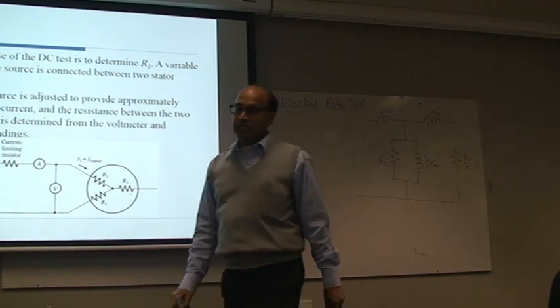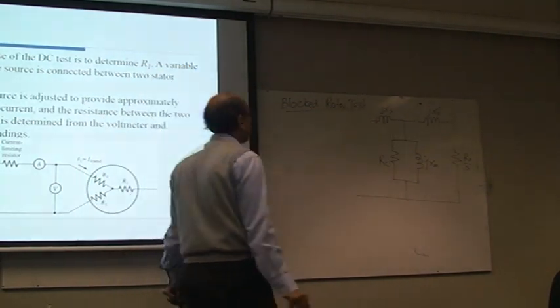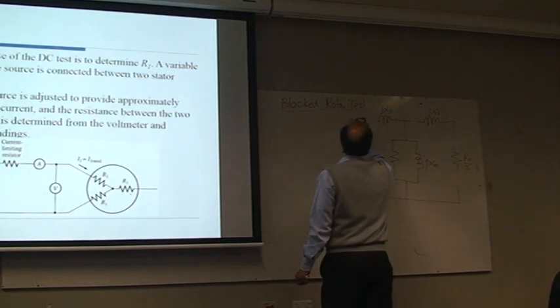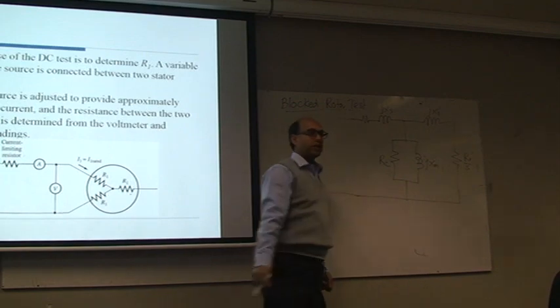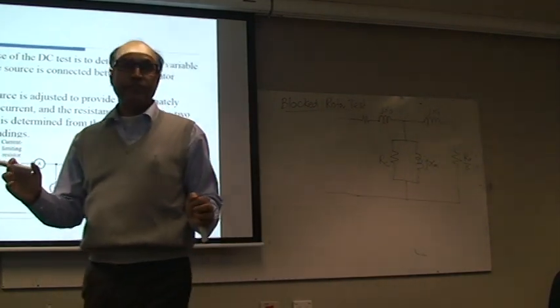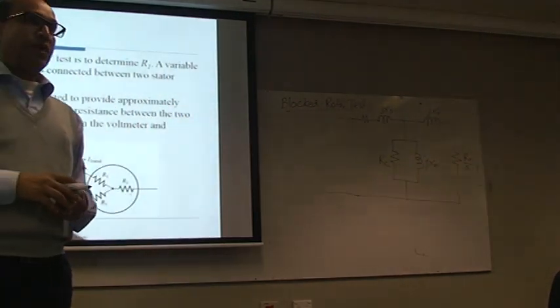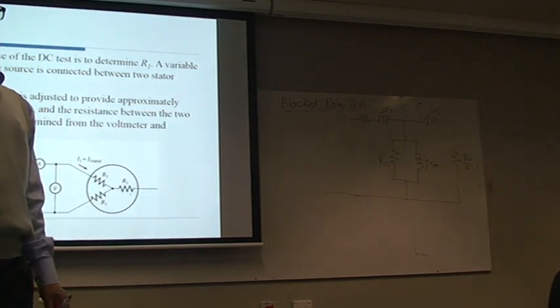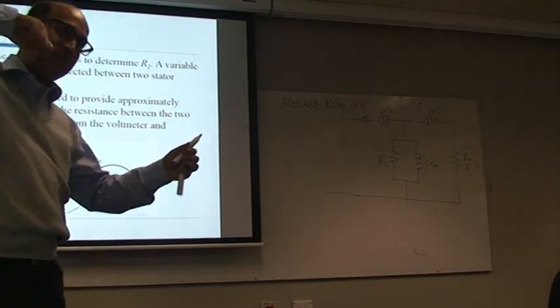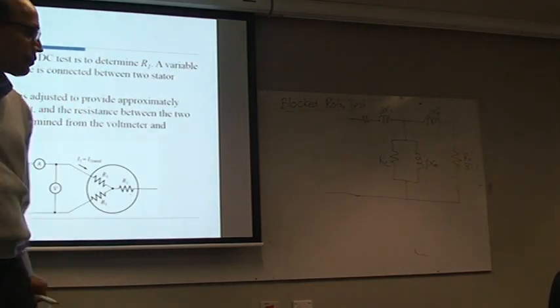As the name suggests, what do you think the block rotor test is? Yes, you hold the motor so the motor doesn't rotate. Not with your hand, though you can do it by hand if it's a small motor like half a kilowatt. But usually you need to put something on the shaft so the motor doesn't rotate.